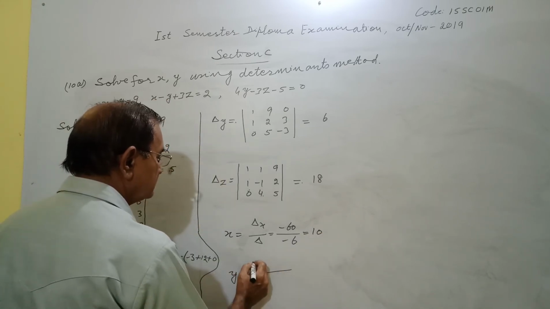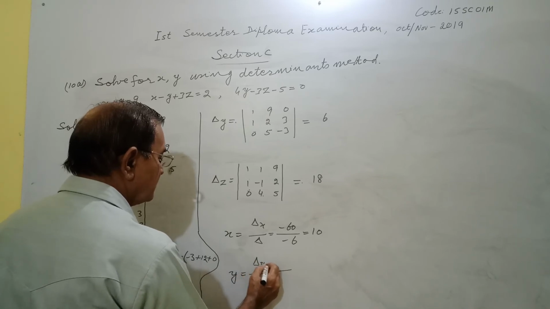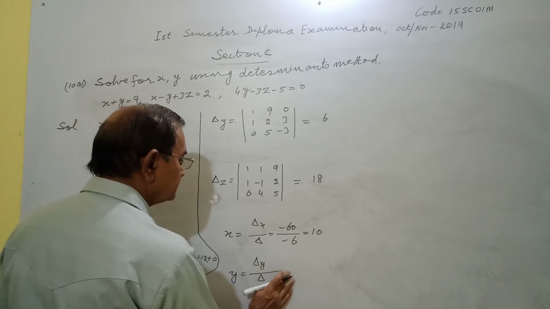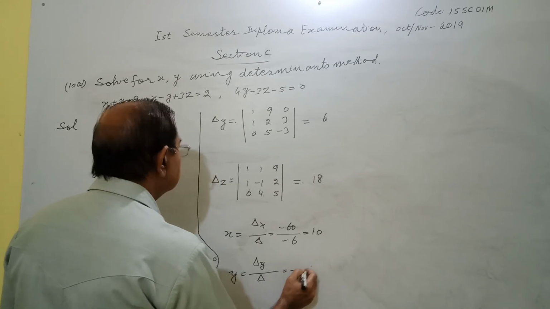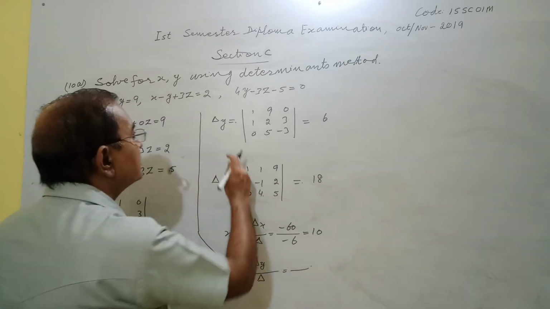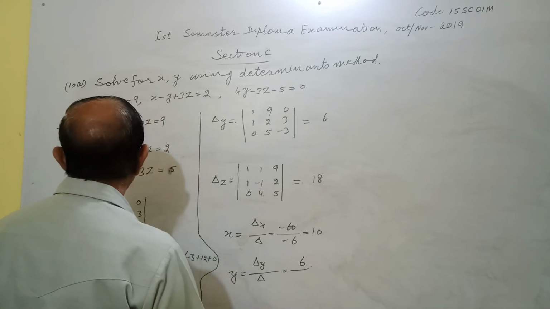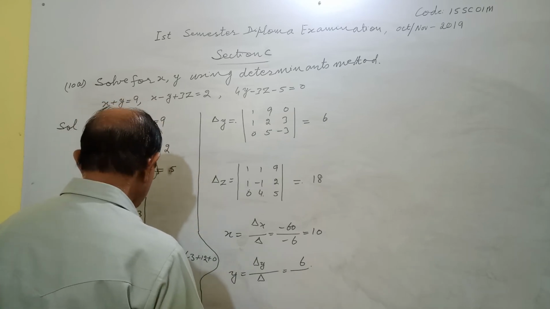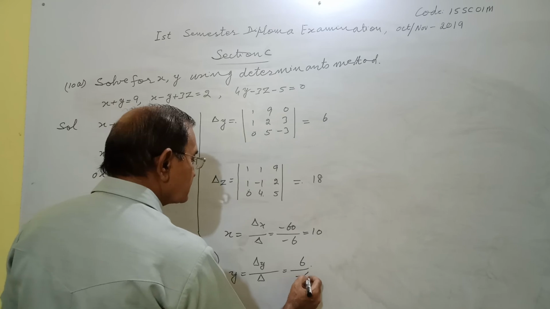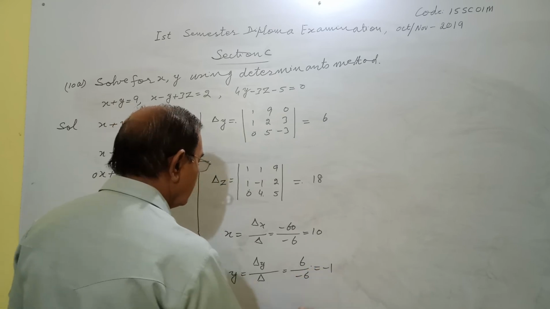Y equals delta y by delta. Delta y is 6, then delta is minus 6, so minus 1.